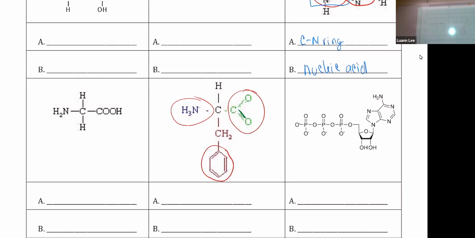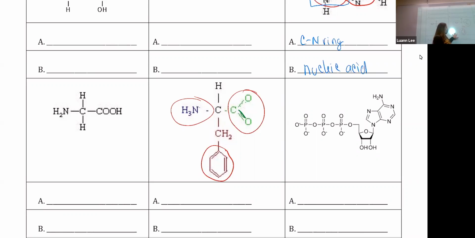Now, when you're looking through the steps, we didn't have what? Which group is not here? The phosphate. You didn't see phosphate, so you can eliminate ATP. But now you've got a CN ring, you've got an amine group, and you've got a carboxyl group.